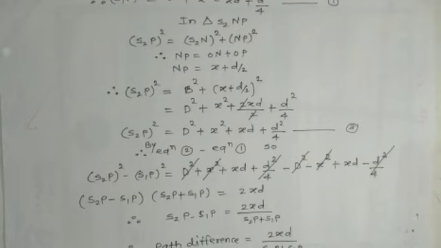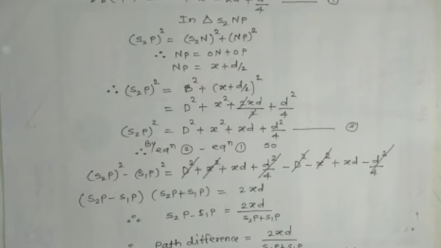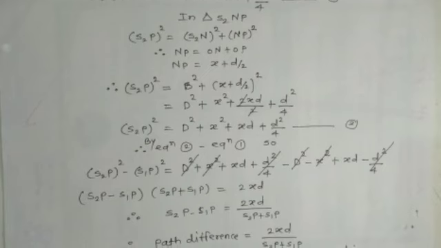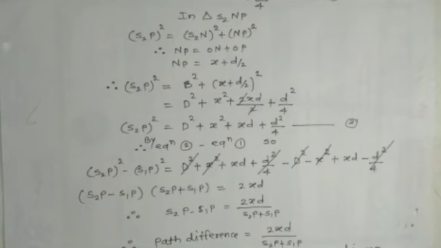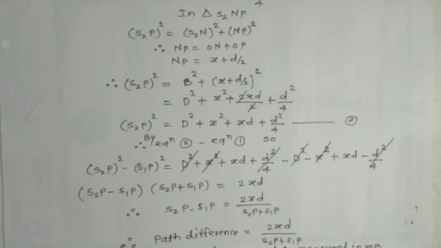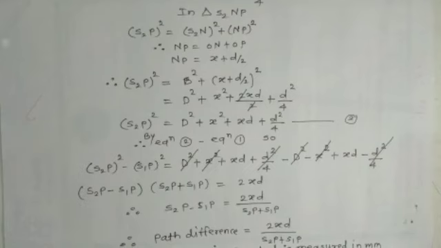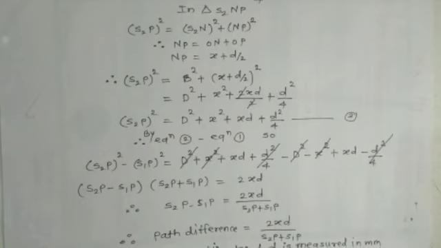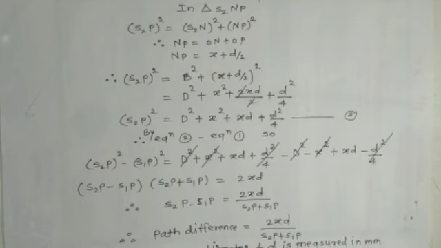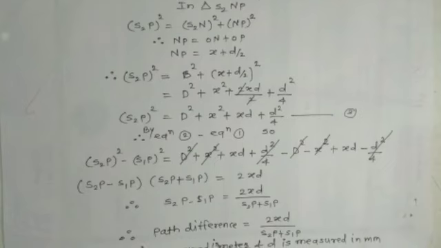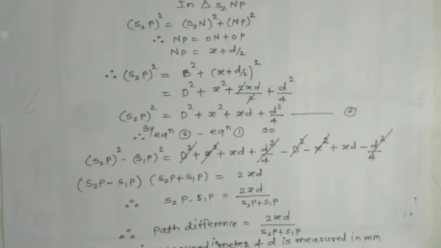Equation 2. If equation 2 minus equation 1, then S2P square minus S1P square equal to D square plus x square plus xd plus d square by 4 minus D square minus x square plus xd minus d square by 4. Cancel D square, cancel x square, cancel d square by 4.